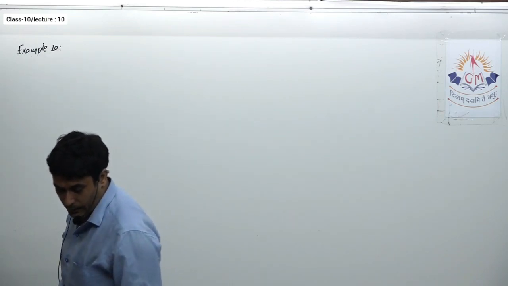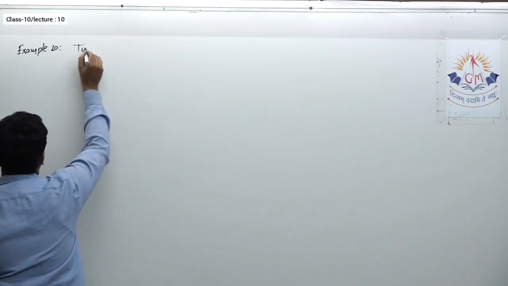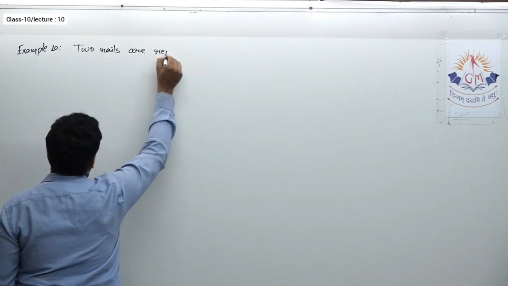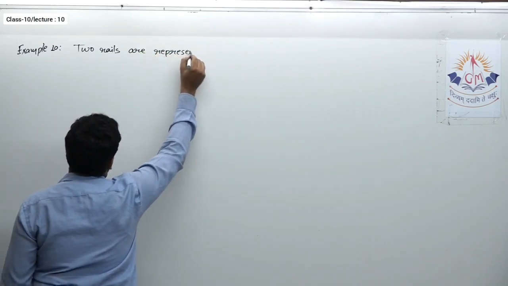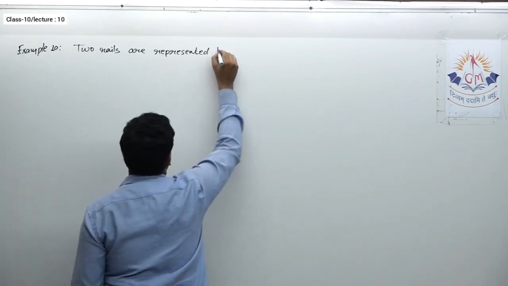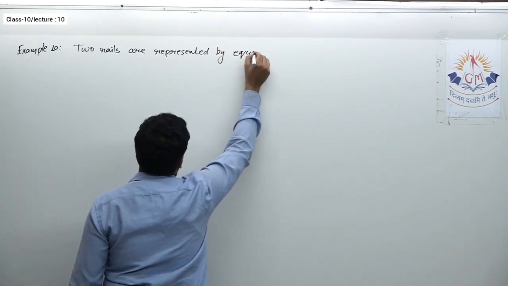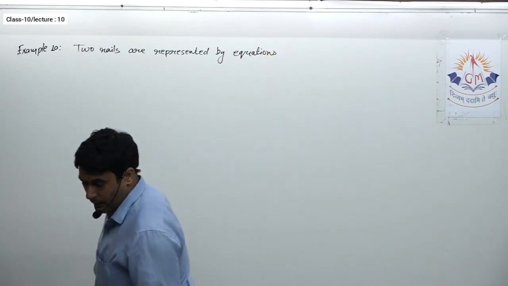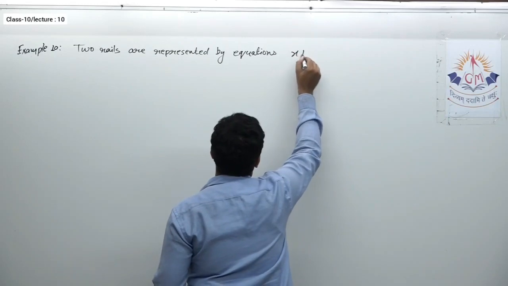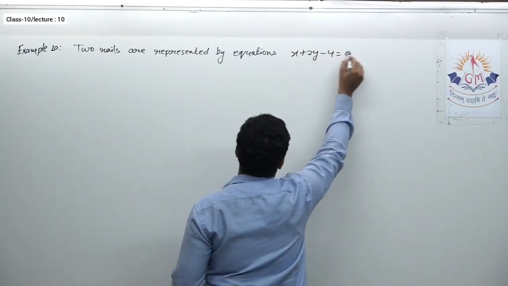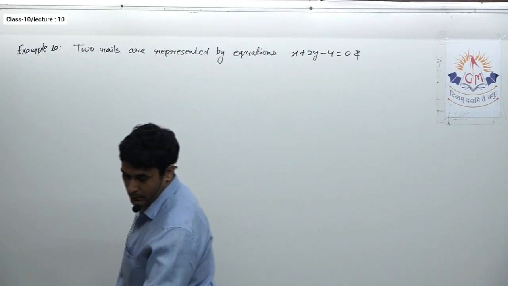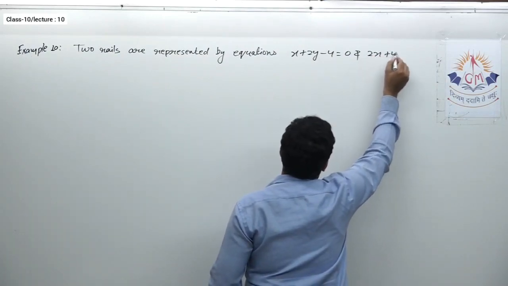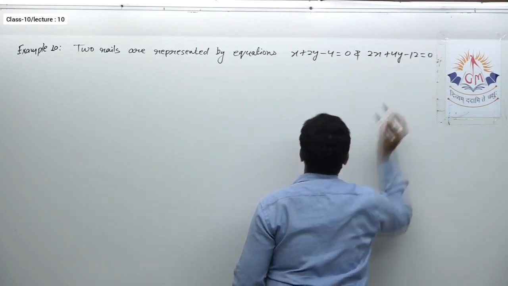Two rails are represented by the equations x plus 2y minus 4 is equal to 0, and 2x plus 4y minus 12 equal to 0.